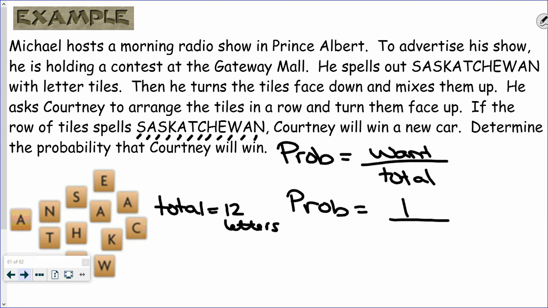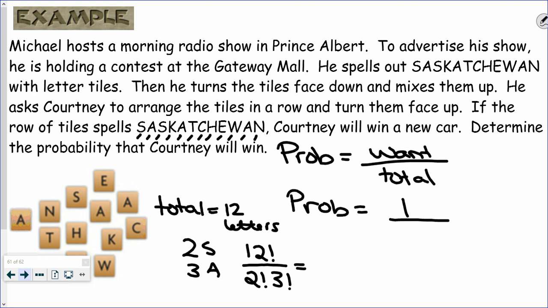And order matters. But I can't use the permutation button because I have repetition. I see that there's 2 S's. I see that there's 3 A's. So I have to use my repetition formula. I have 12 letters, 2 S's, and 3 A's. That is the grand total number of options I have for this.